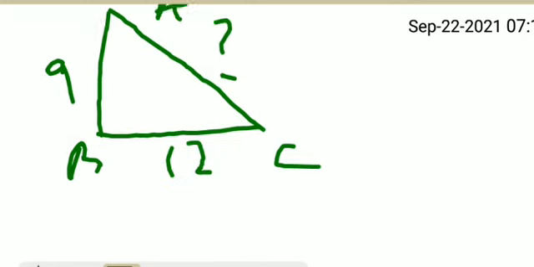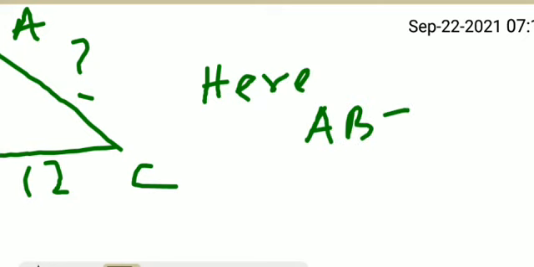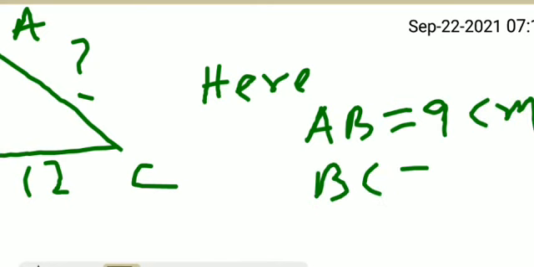So you write like that. Here AB equals 9 cm, BC equals 12 cm.